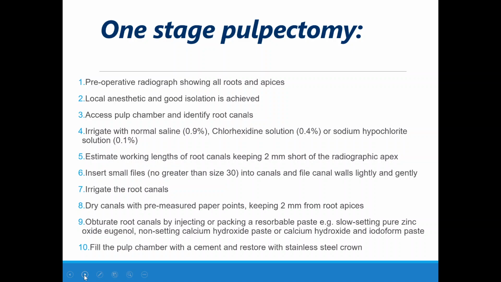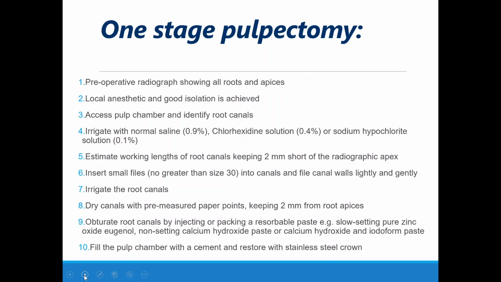Then irrigate root canals with the antiseptic that I told you before in point 2.4. Then dry canals with paper points. Obturate root canals by injecting or packing a resorbable paste. Please pay attention, a resorbable paste we should use, no hardening materials.